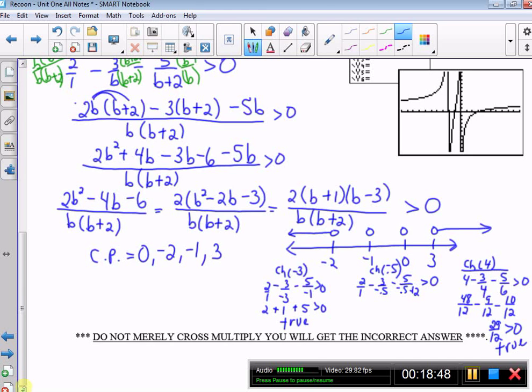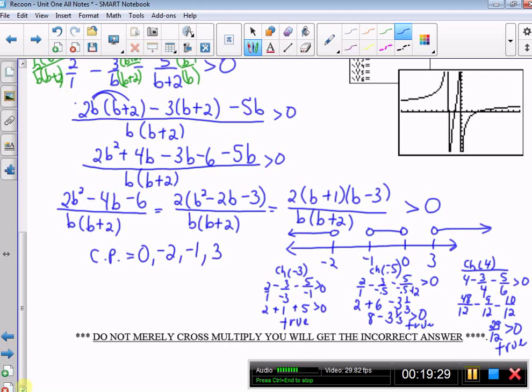Okay, so when I check that out on my calculator, 3 divided by 0.5 is 6. So this becomes 2 plus 6. And negative 0.5 plus 2 is 1.5. And then 5 divided by 1.5 is 3 1/3. So minus 3 1/3. So 8 minus 3 1/3, is that greater than 0? Yes. So the other part of the solution's in here.